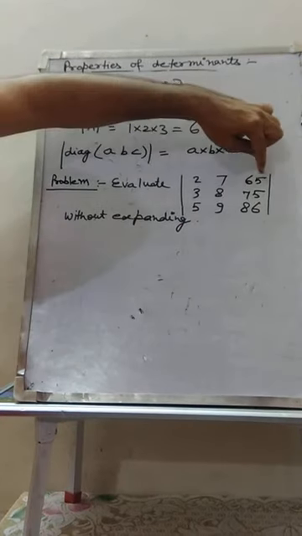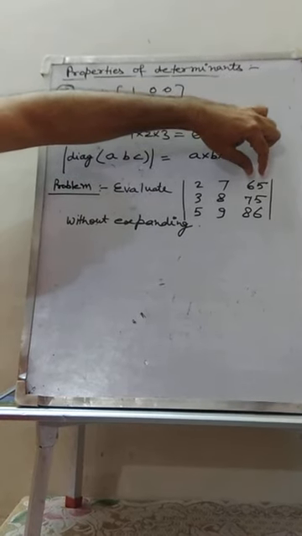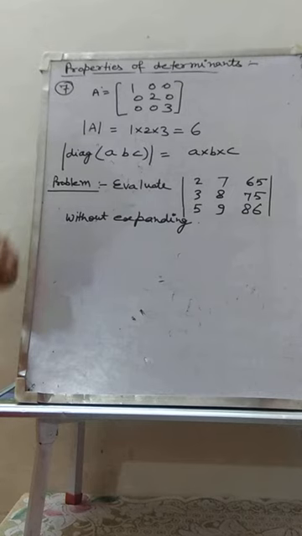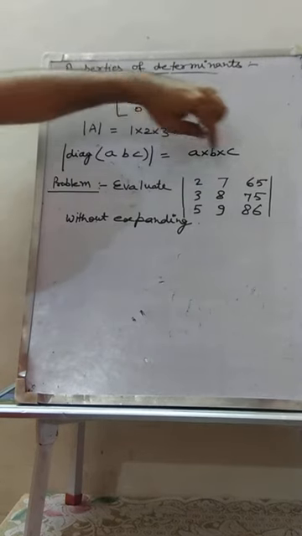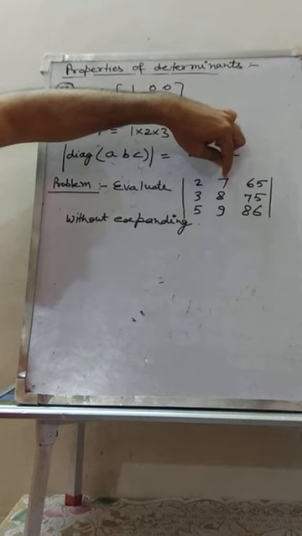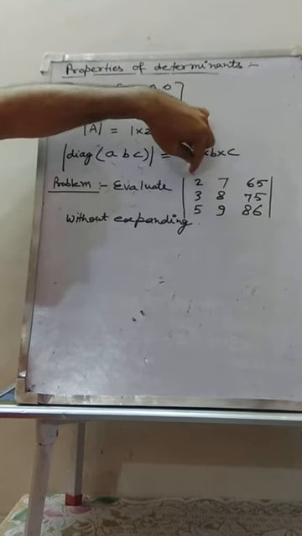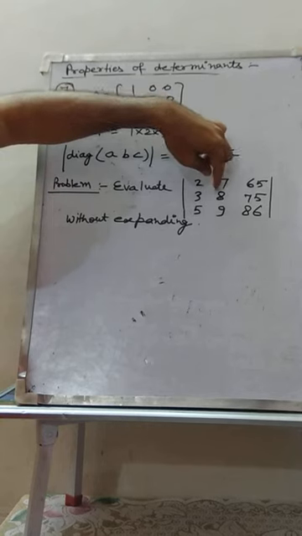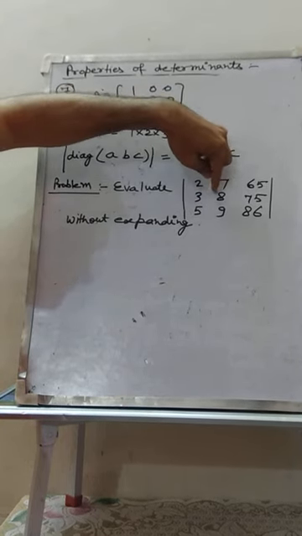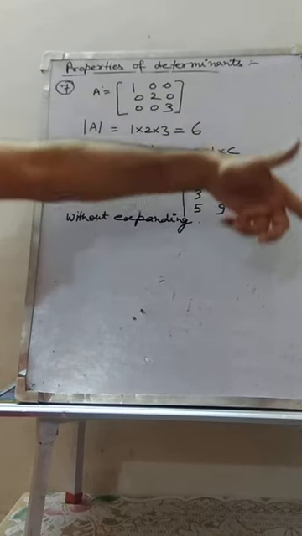Focus on this element 65. Can we find out this element 65 with the help of C1 and C2? If we multiply 7 by 9, then 63 and plus 2, it is 65. Is it the same for R2 also? 9 into 8, 72, plus 3, 75, means the value is coming.